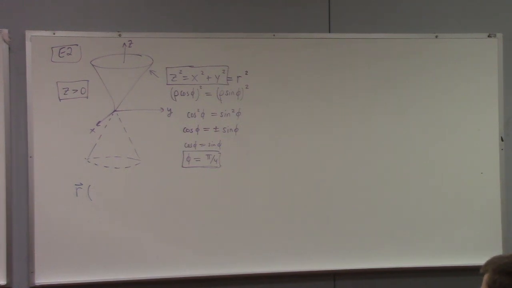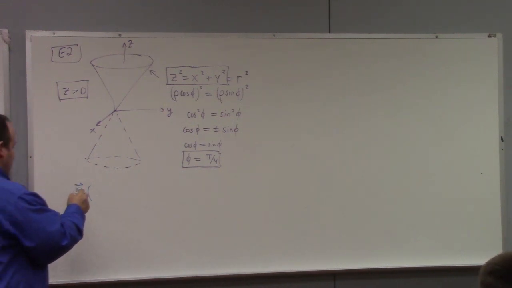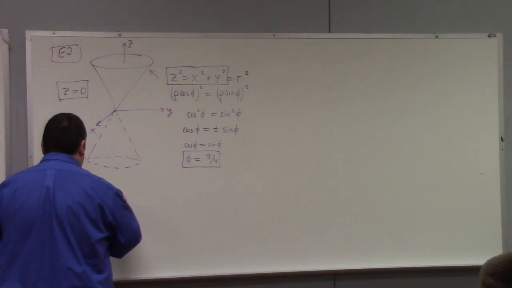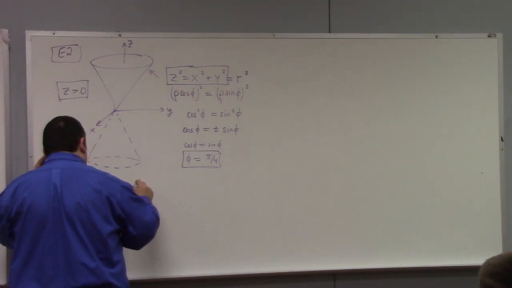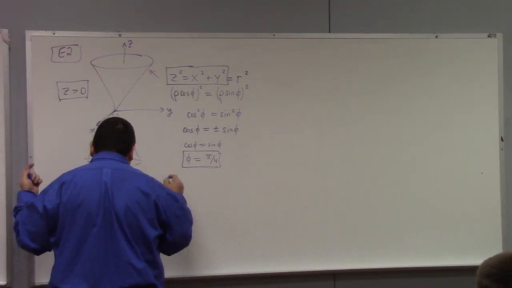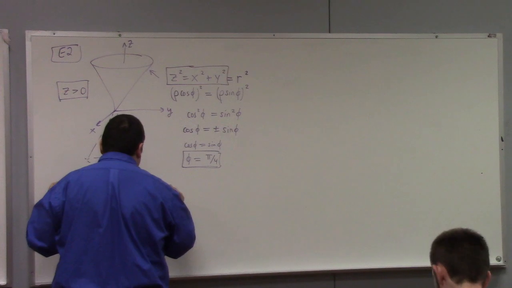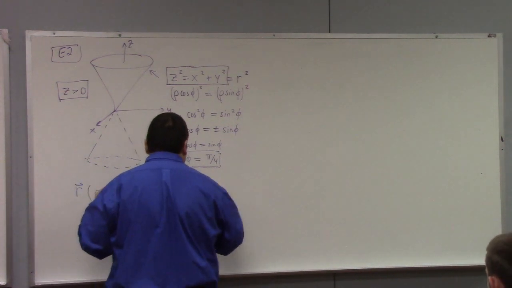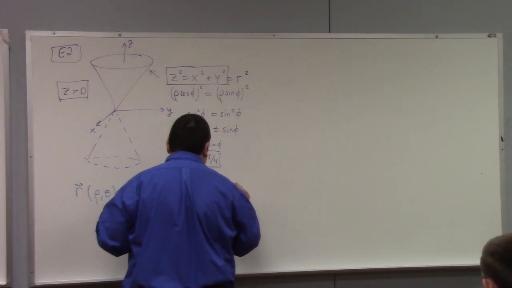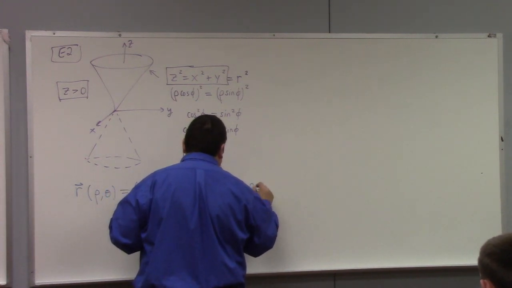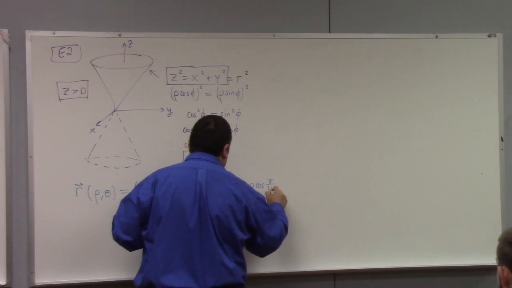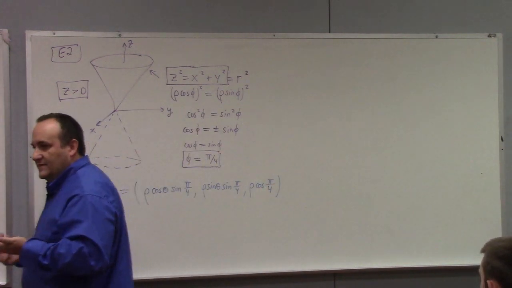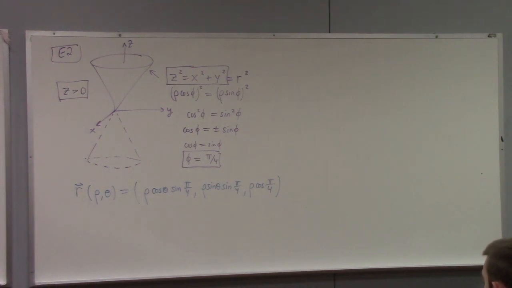It leaves you with rho and theta, right? So I can look at this parameterized by rho and theta. In particular, the parametric formulas are rho cosine theta sine pi over 4, rho sine theta sine pi over 4, and rho cosine pi over 4. There you go. That is a parameterization of the cone.